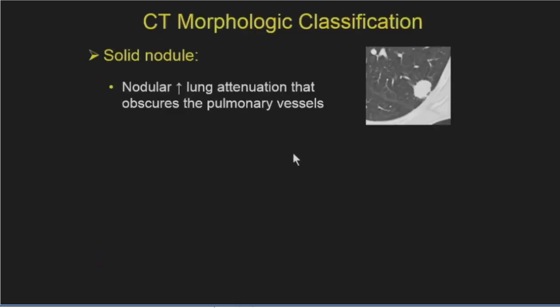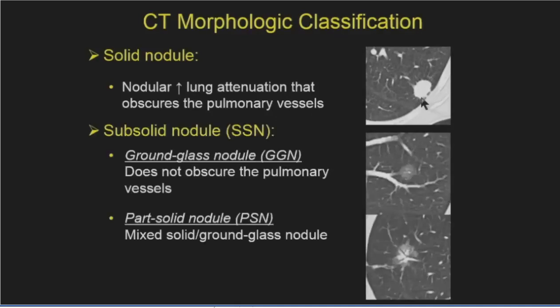So as you know, a pulmonary nodule on CT might be solid, a soft tissue lesion that completely obscures the lung parenchyma, or subsolid, which includes two types of lesions: the pure ground glass nodules or non-solid nodules, which are those lesions that do not obscure the lung parenchyma, as you can see here, with a vessel still visualized crossing the lesion, or a part solid nodule, which is a mixed lesion that has a ground glass and a solid component.